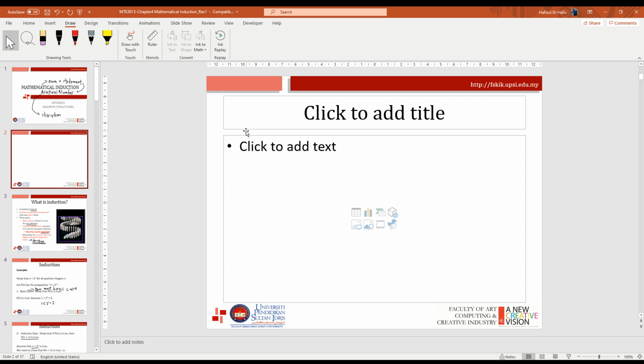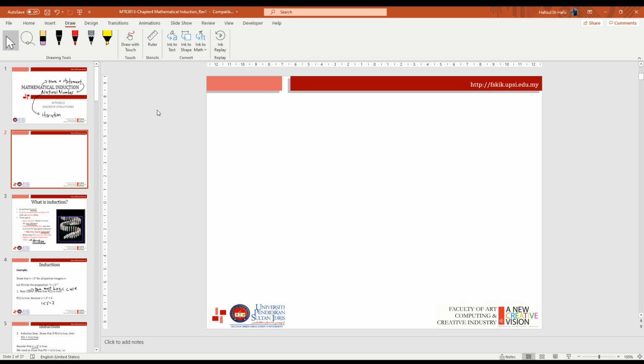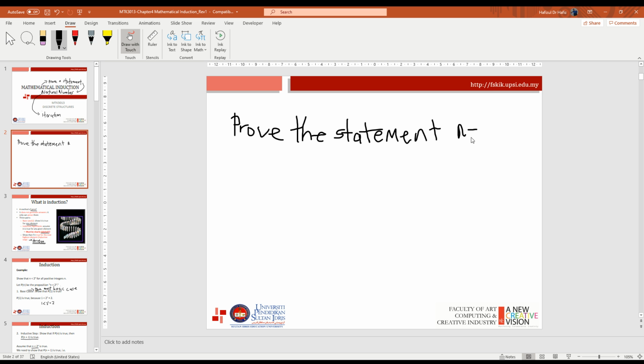This one is just for a glimpse of the topic. The first one is to prove the statement for n equal to 0.